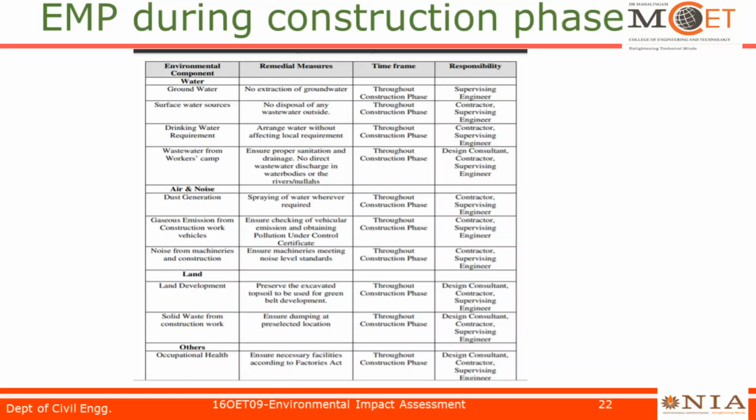So you can see that there is a list of environmental components. They are given what are the remedial measures to be taken and what is the time frame and who is responsible for that.